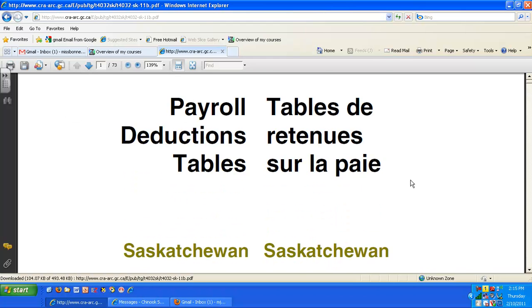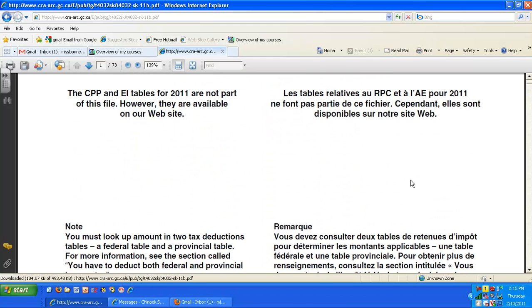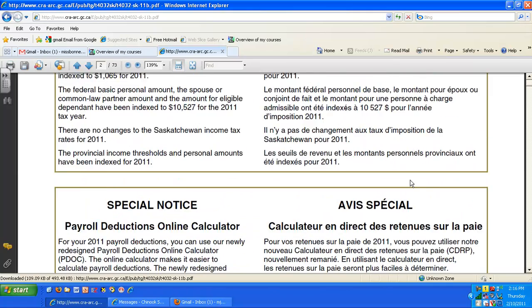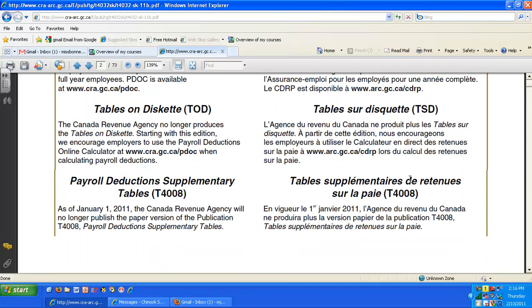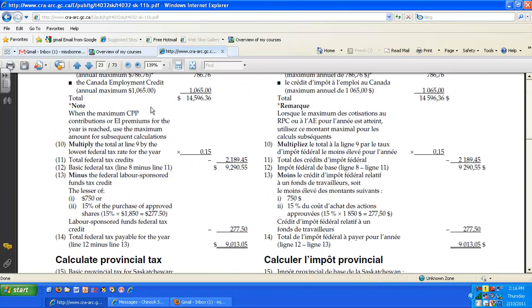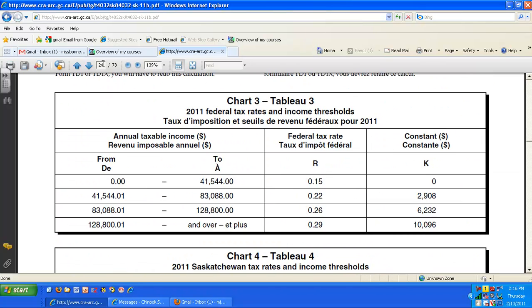And you will see there is a payroll deduction table, and there are several pages. It tells you everything that you need to know, how to get other forms of the tables. We're going to skip ahead to page 23. Oh, not 23.